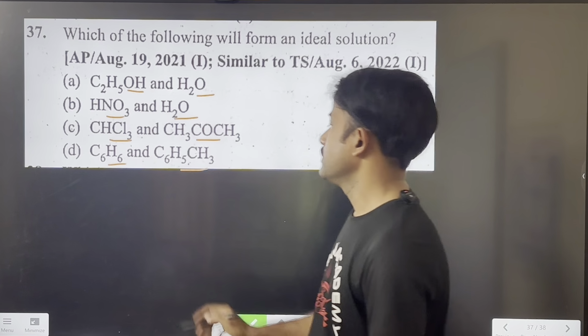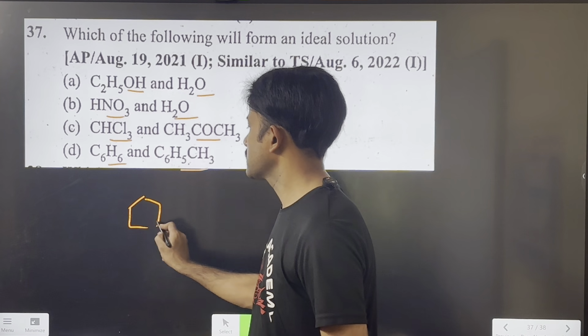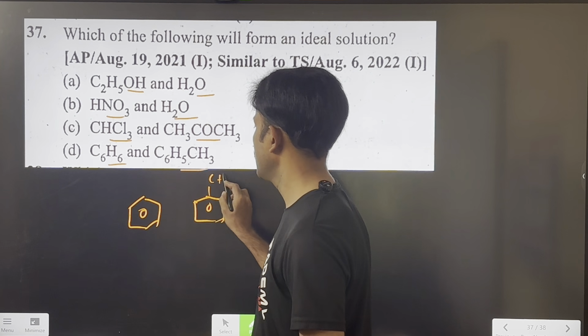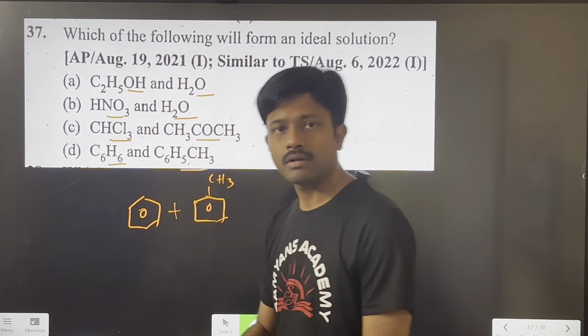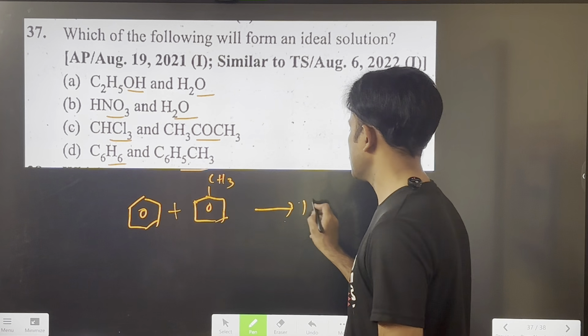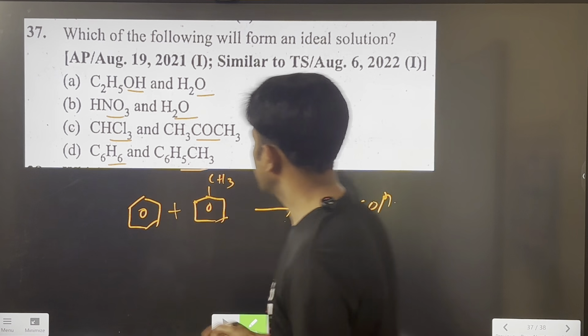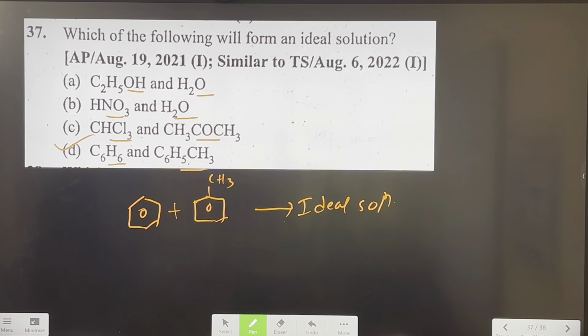Similar structure is there: benzene structure is this one and toluene structure is this one. This combination gives you an ideal solution. So the answer is D. Is it clear, everyone?